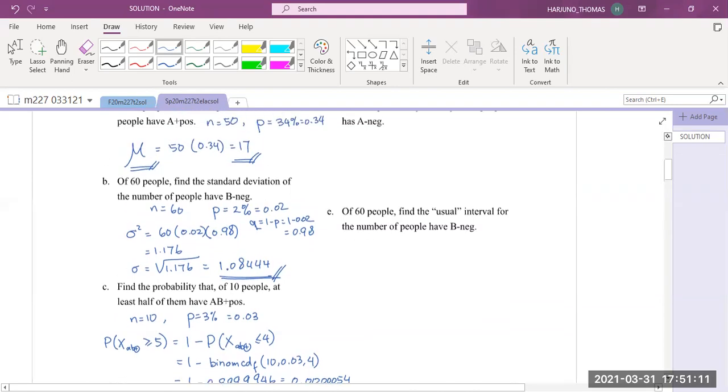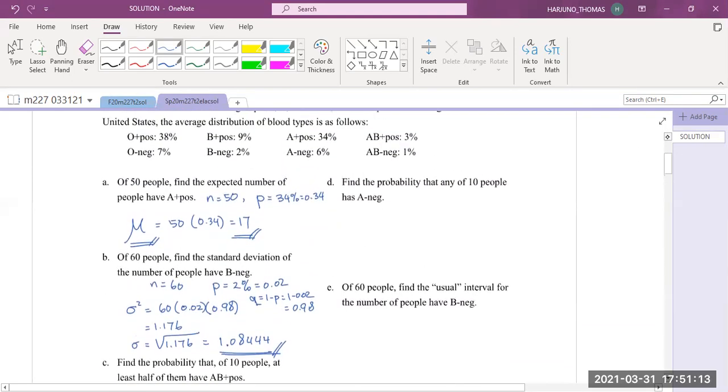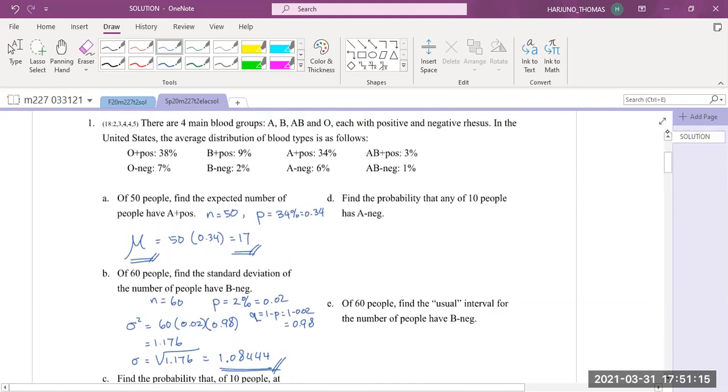Part D, find the probability that any of 10 people has A negative. Again, n equals 10, but the one we want to look at right now is A negative. That's 6%. So the probability that the number of people having A negative is at least 1 is 1 minus the probability that the number of people with A negative equals 0.